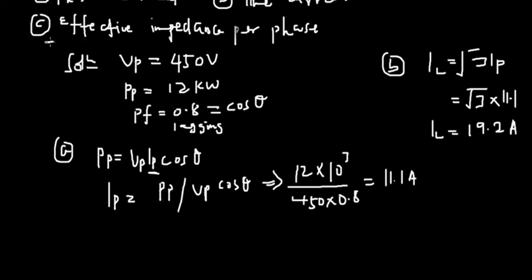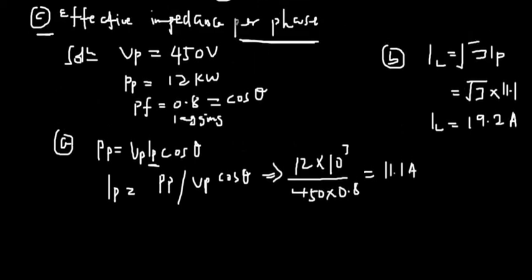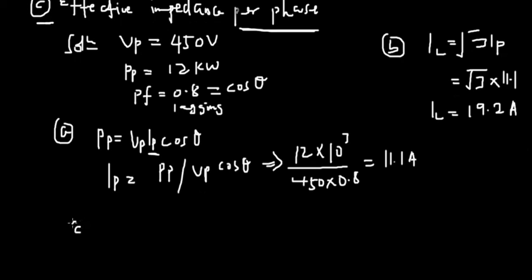Now let's move on to the effective impedance per phase. Note this, per phase, very important. So we have our C, the impedance. We know that impedance is equal to Vp divided by Ip, per phase.